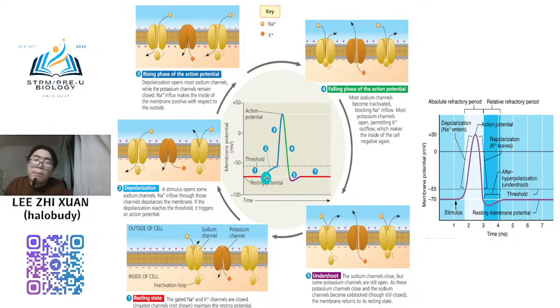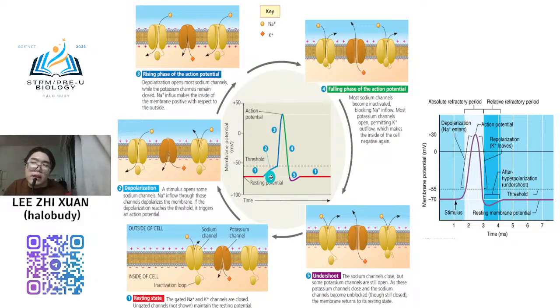But when the action potential is starting to be triggered, when the electrical signals start to pass through the axon, depolarization will start to occur. Depolarization. Okay. After the depolarization, when the voltage reaches the threshold level, your axon membrane voltage will start to increase.